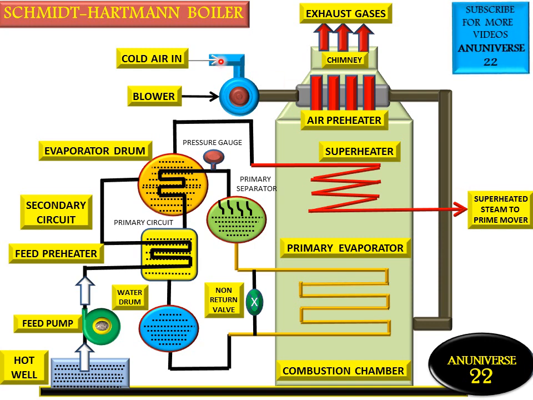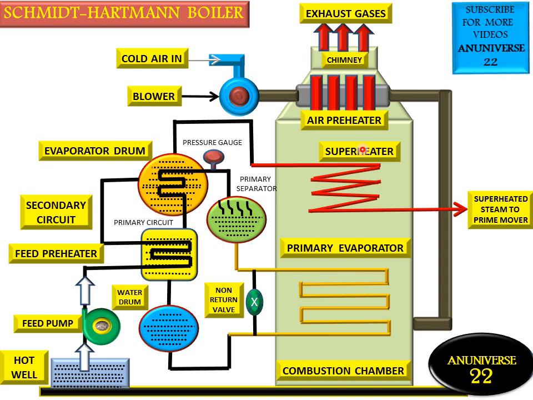Cold air enters from here, and when it passes through the air preheater, it gets heat from the exhaust gases and becomes hot air, and at its outlet it enters at the bottom of the combustion chamber.